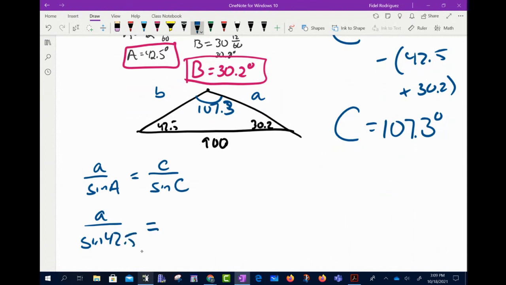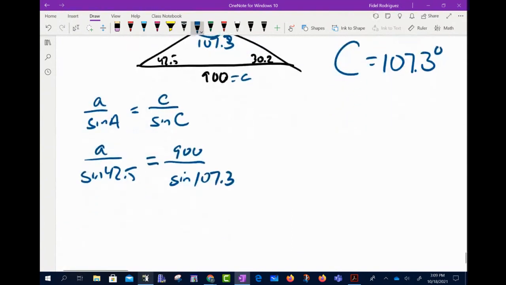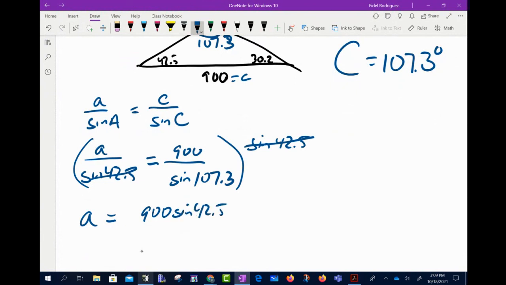We know that little c, because if this is angle C, then this right here is little c, is 900, divided by the sine of angle C, which we just found to be 107.3. So again, just like we've been doing before, I'm going to multiply both sides by the sine of 42.5. Those will cancel. So I'm going to get 900 sine of 42.5 divided by the sine of 107.3.